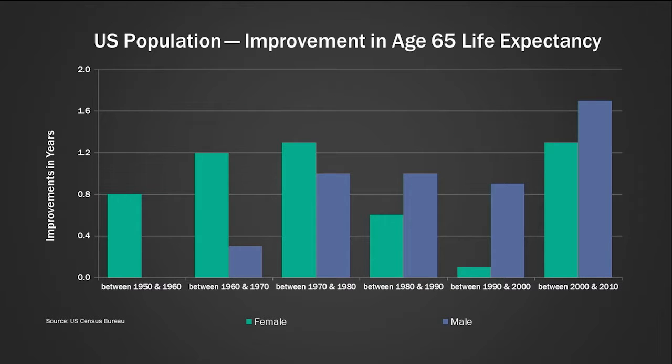And I want you to focus on this next chart here, which, what we did is we looked at one decade, we compared one decade to the previous one, just to show you how mortality improvements differ greatly from decade to decade. So you can see that between 1950 through 1980, female had a much greater improvement in life expectancy than male. But for the last 30 years, it's been the opposite. So you could go through one decade of very slow mortality improvement, and others see great mortality improvement. So that's just something to keep in mind.